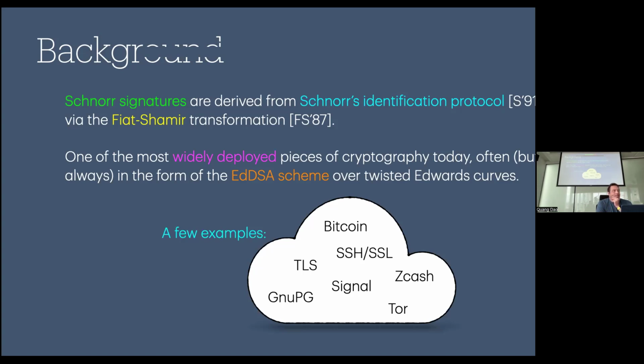Here are just a few examples. Schnorr is now used by Bitcoin, for example, since I think 2021. And it's also used in a variety of other places. There's a website that lists like 200 or 300 uses of Schnorr, and you can see a lot more there.